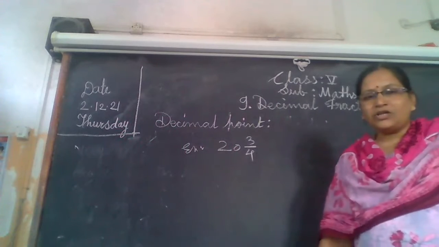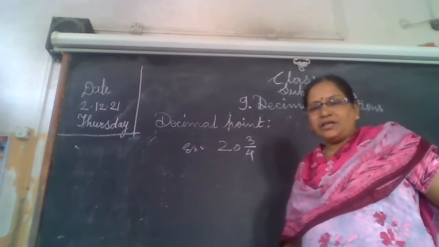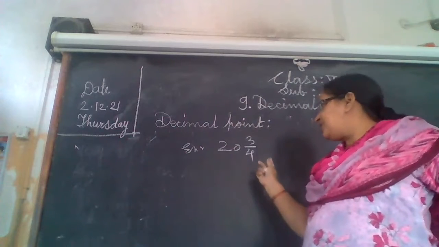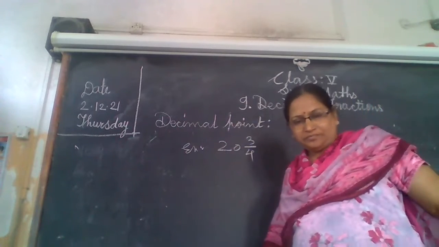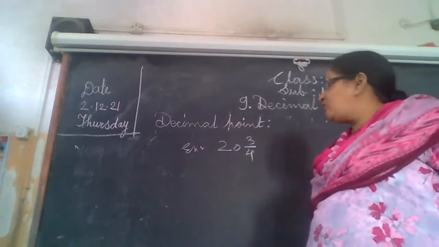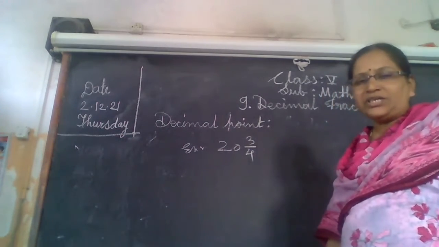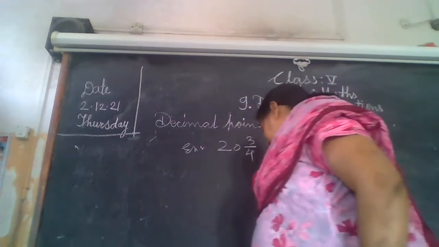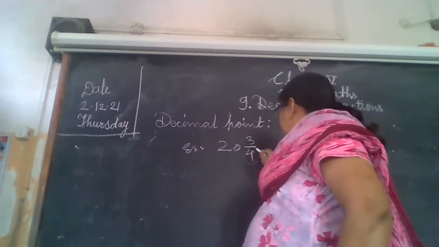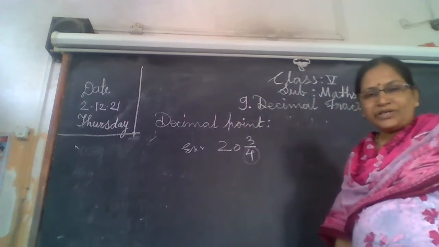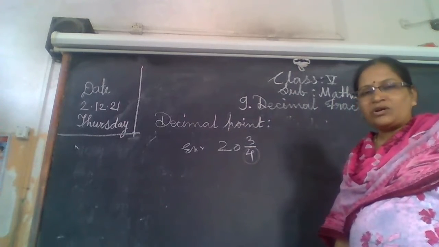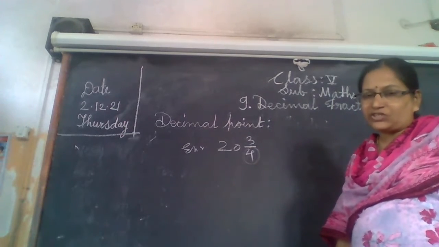What is this? 20 integer 3 upon 4. It is given as a mixed fraction. So you can say 20 and 3/4. But see children, here the denominator is 4, so it is not a decimal fraction.